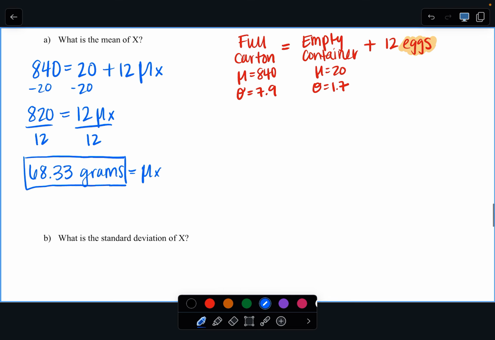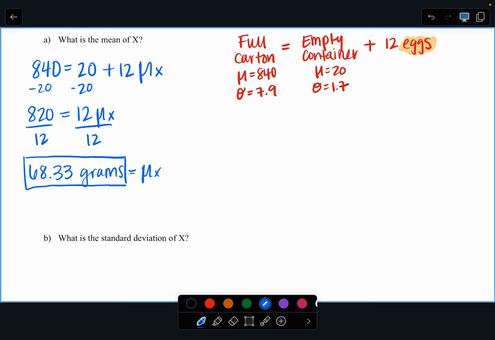Where a lot of people went wrong was on the standard deviation part. A lot of people did the same setup for standard deviation. They plugged in 7.9, they plugged in 1.7, and they tried to solve for sigma x exactly as it is, as if they were linear transformations. However, the issue is they told us in the question that all of these eggs are independent.